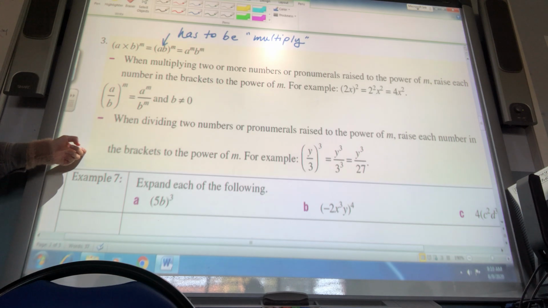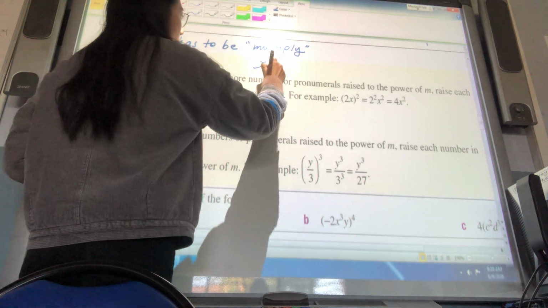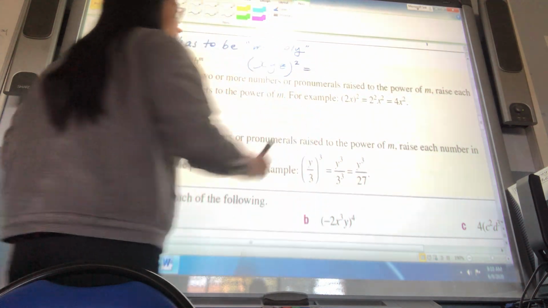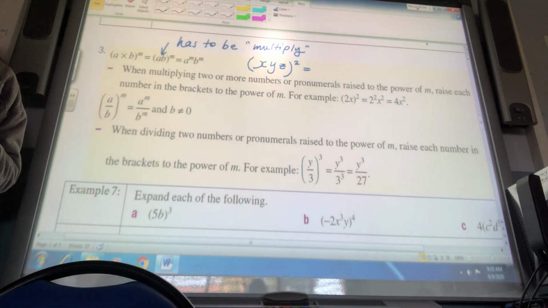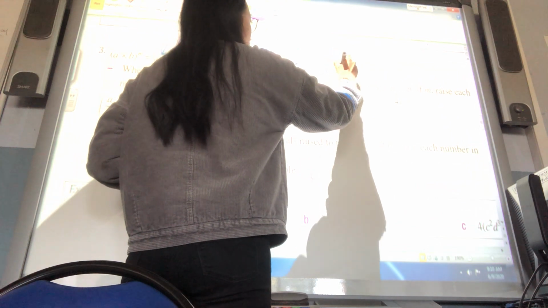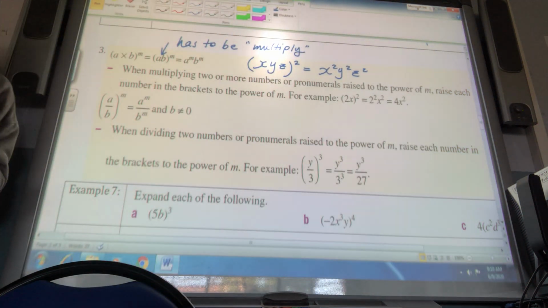That's when you apply the power to both things, or if there are 3 terms inside. So if you have, say, x times y times z to the power of 2, what's the answer going to be? So x to the power of 2, so x squared, y squared, z squared, right? No matter how many terms you have inside your brackets, that's how many times you apply the power to the bases.